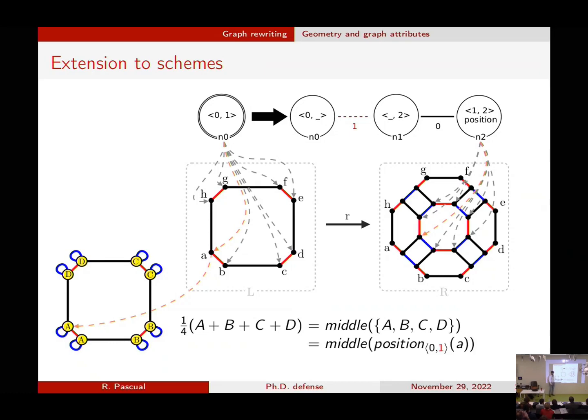And now we have an expression that is computed starting from A, but the middle of the set of positions in the face incident to A would be the same if I computed it on B, C, D, or whatever dart. So my expression, I can abstract over A, replace it with N0, and now I have both a topological description and a geometric description that does not depend on the fact that my face was a square. And now I can triangulate properly any face.